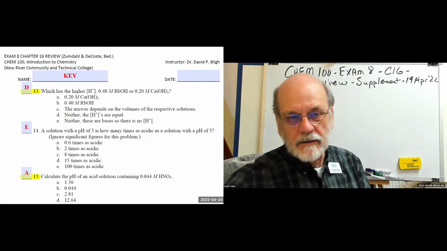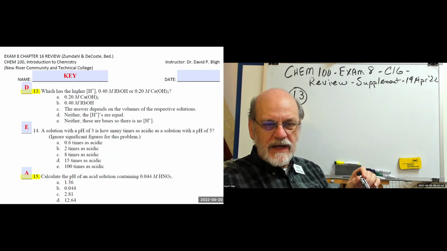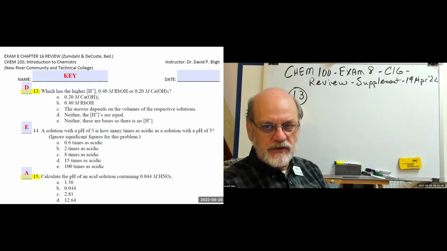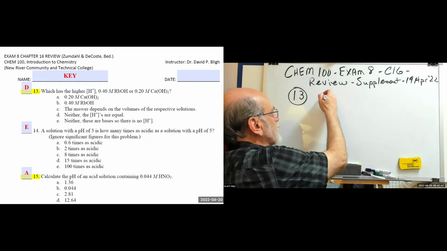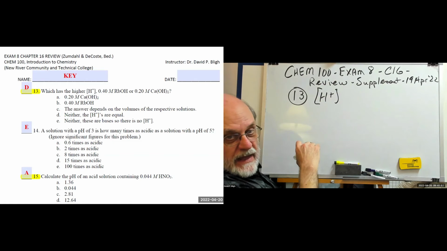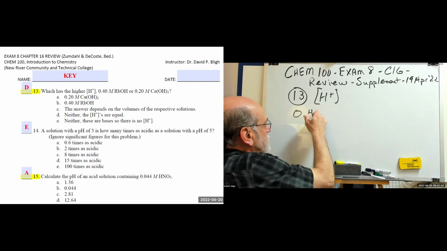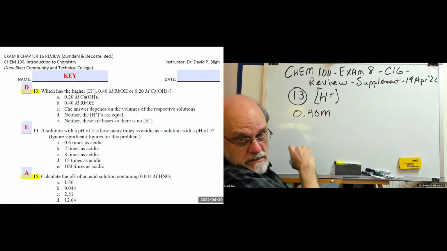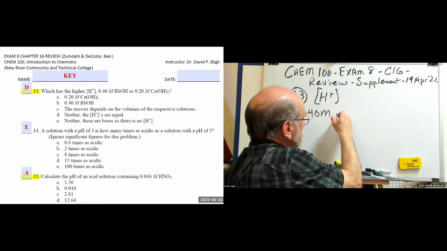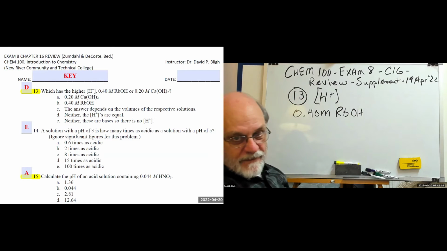Okay. So, which has the higher hydrogen ion concentration of these two? All right, so we're looking for the hydrogen ion concentration, and we're comparing this one, 0.4 molar rubidium hydroxide.